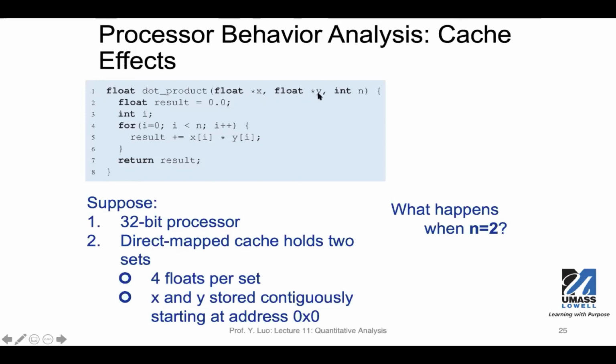Y also has two floating point numbers. So altogether, 4 floating point numbers. And we assume that these x and y are stored in memory contiguously. So we have the first two elements of x, and then right after we have the two elements of y. They are stored together.